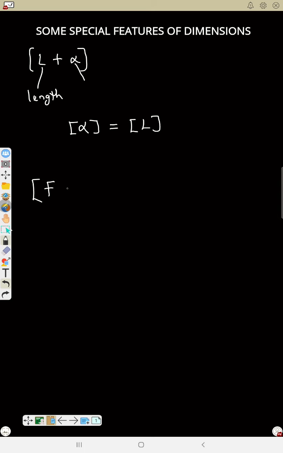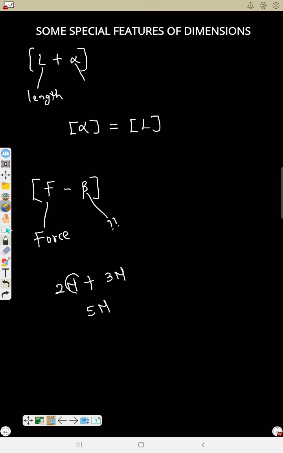Now let's consider another one, let's say F minus beta. Now if F is force, what is the dimension of beta? Since F is a force, beta must also be a force before you can subtract it. For example, if I have 2 Newton, before I can add another one, that one too must be in Newton. 2 Newton plus 3 Newton should give me 5 Newton.